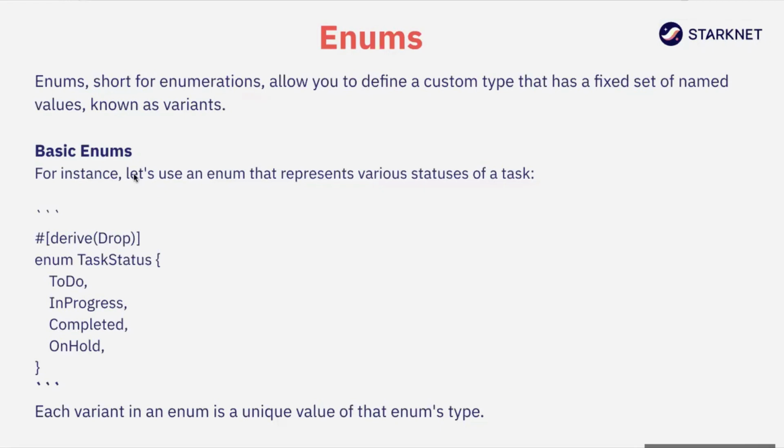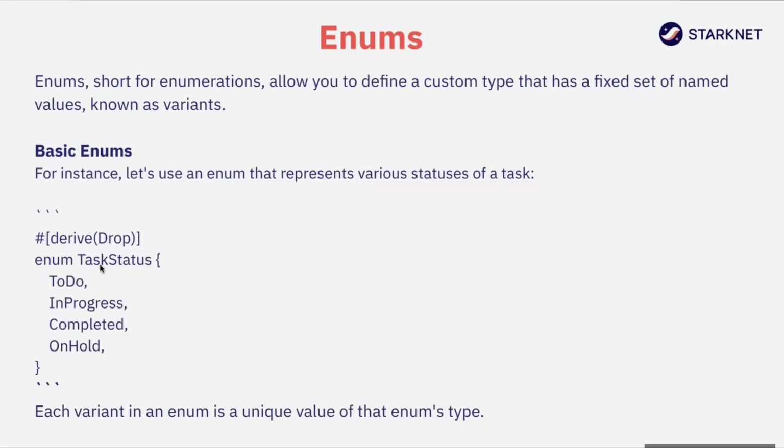So, a basic enum, for instance: let's use an enum to represent the status of a task. Say you want to create a program, a to-do task management app. You can use an enum to keep track of tasks, and it should implement the Drop or the Copy trait.